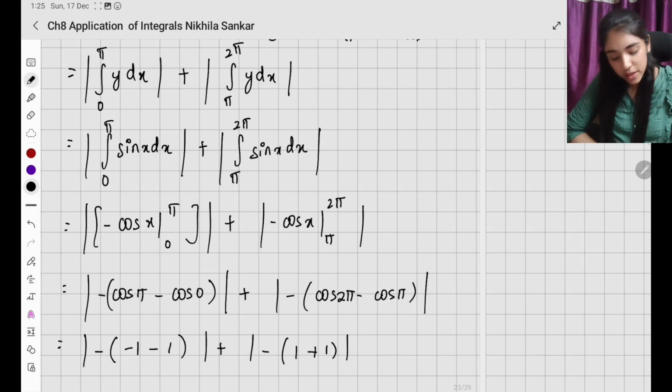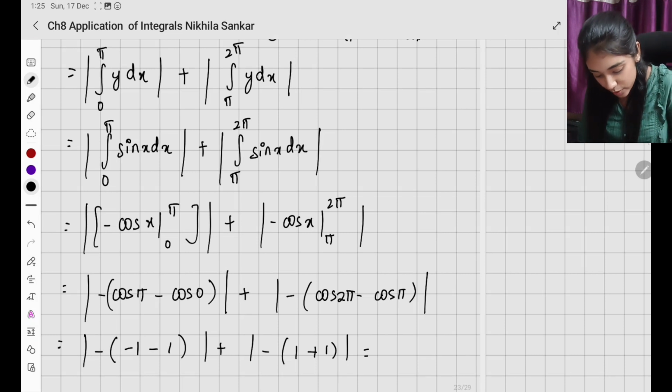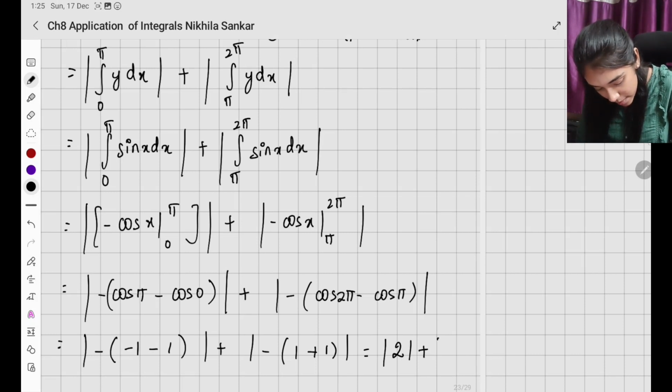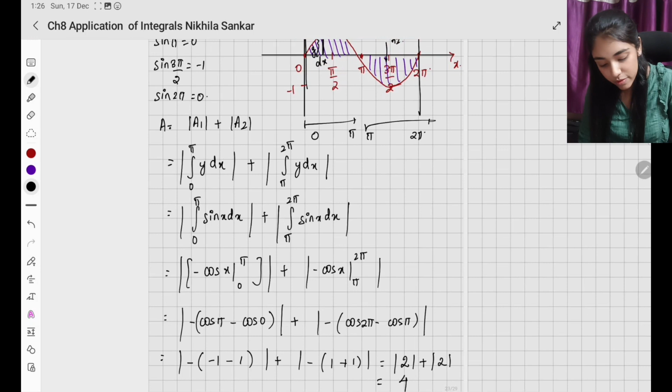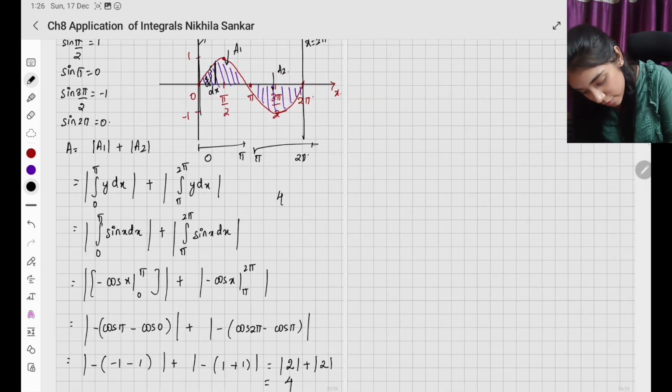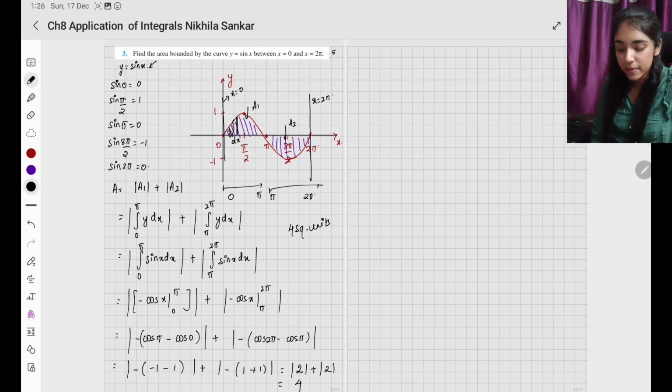So here the minus becomes a plus. What is left is minus of minus 2, which becomes plus 2, plus minus 2, which when it comes out of the absolute value becomes plus 2. So the final answer is 2 plus 2, which is 4. Okay, understood? So what is my final answer? It is 4 square units. Okay, please copy.